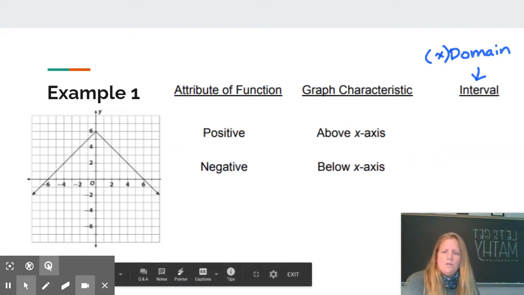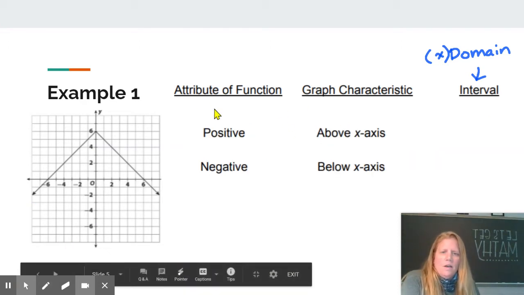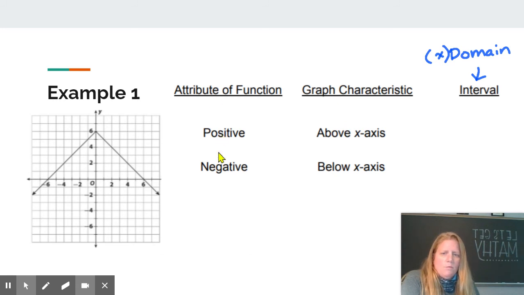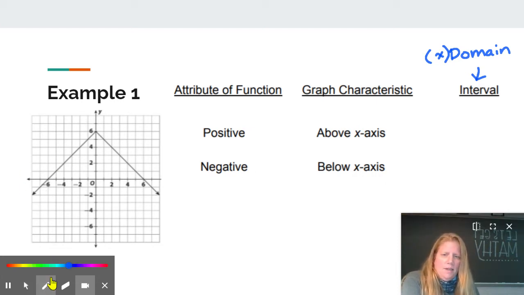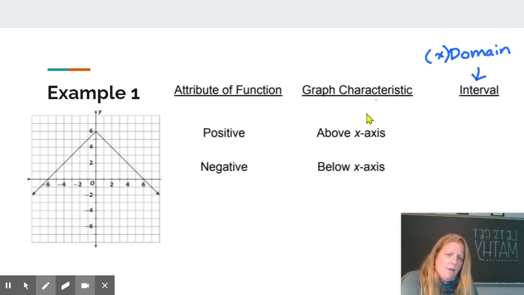Our final attribute that we're going to explore is, when is the function positive, when is it negative? It is possible for it to be a combination or only positive or negative. In this graph here, we can see that using the graph characteristic above the x-axis, so we can see, if I draw or highlight here, the x-axis, this portion from here to here is above the x-axis.